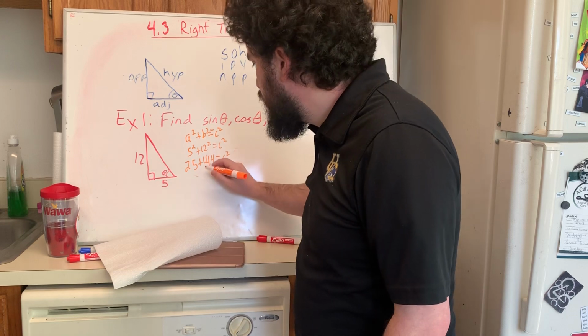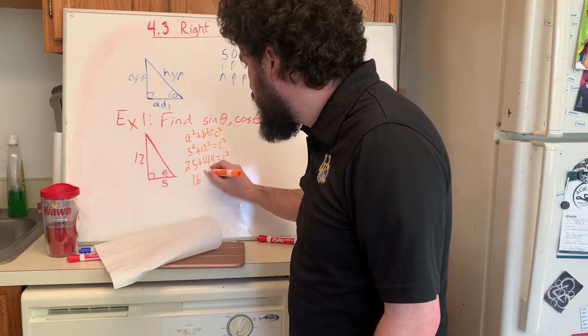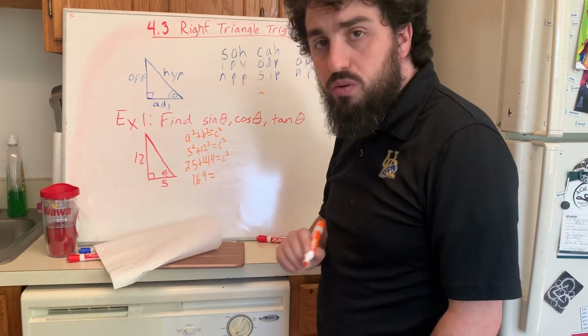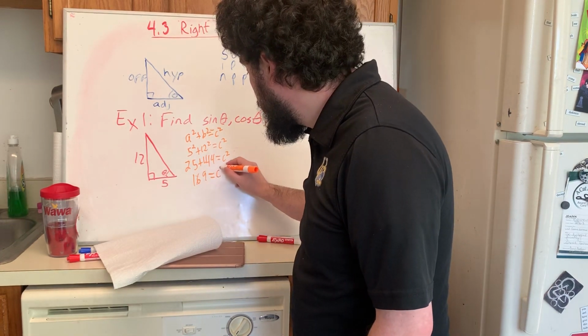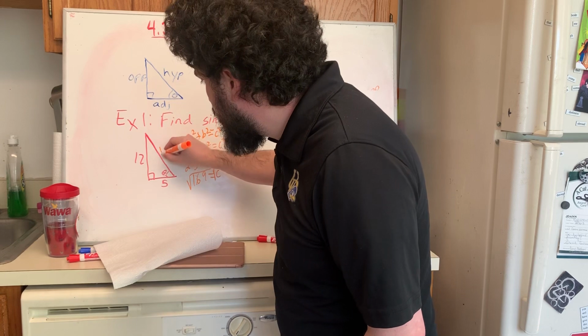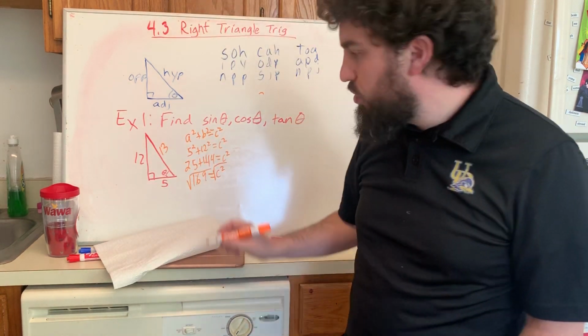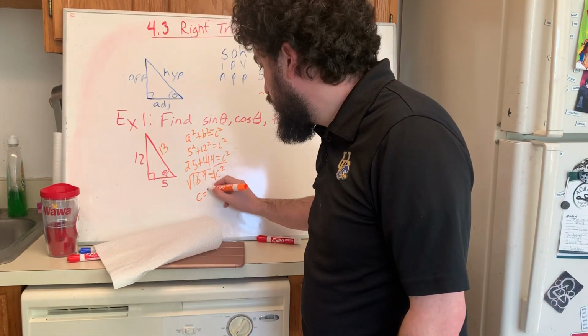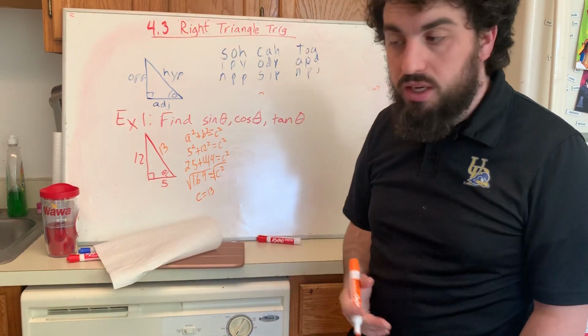When I add those together, that gives me 169 is equal to c squared. So I square root and get that this missing side is 13, because square root of 169 is 13.